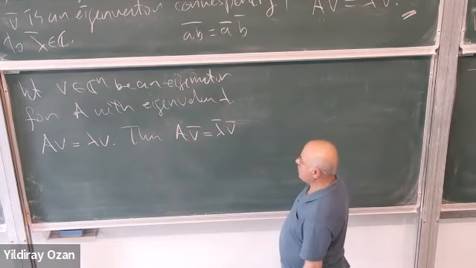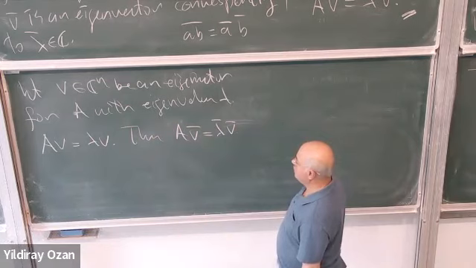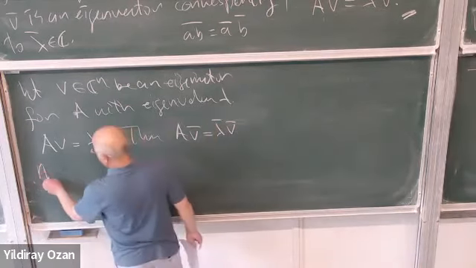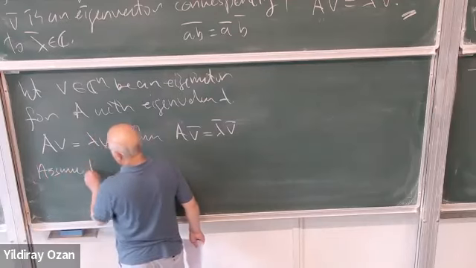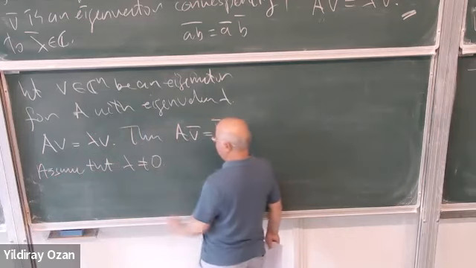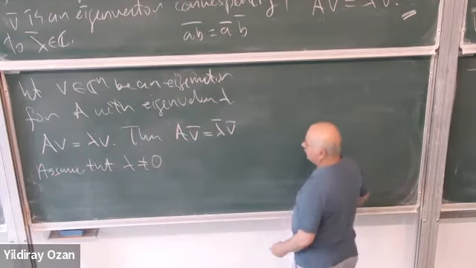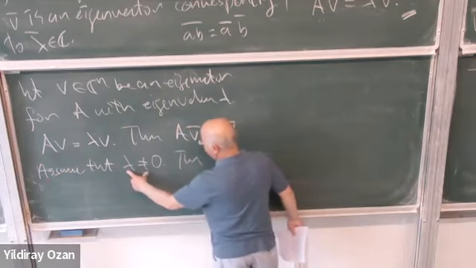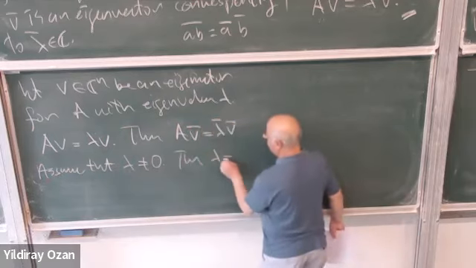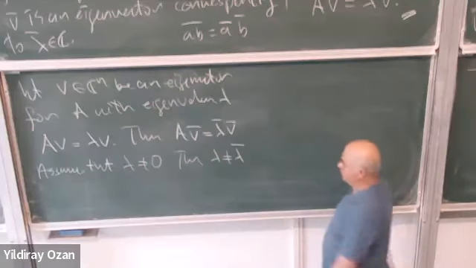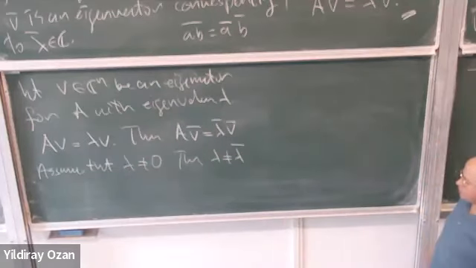Assume that lambda is not 0, then of course this is a purely imaginary number. Therefore, these are distinct eigenvalues.